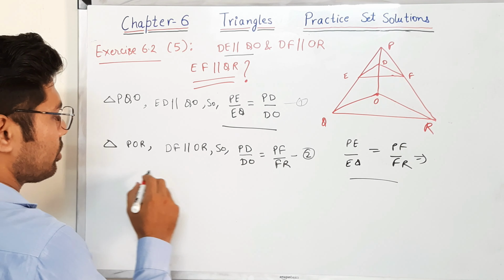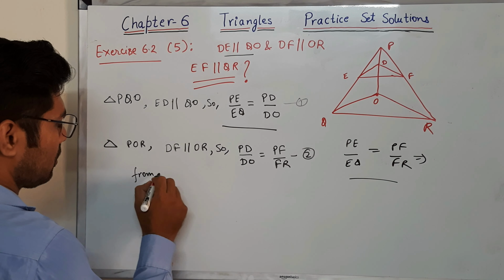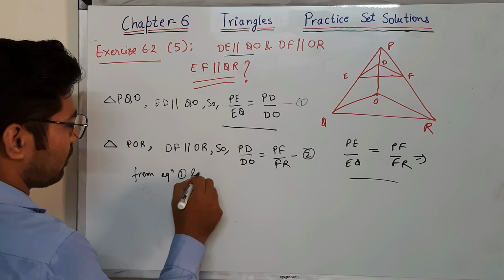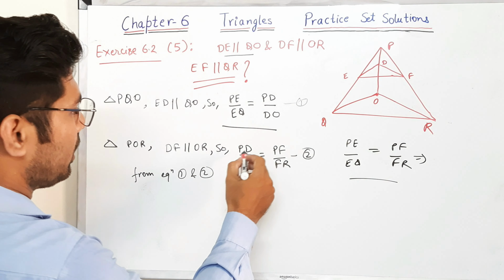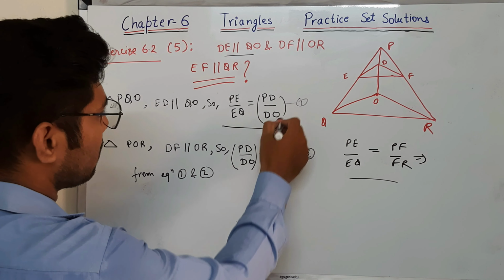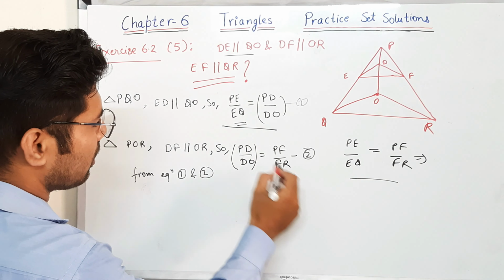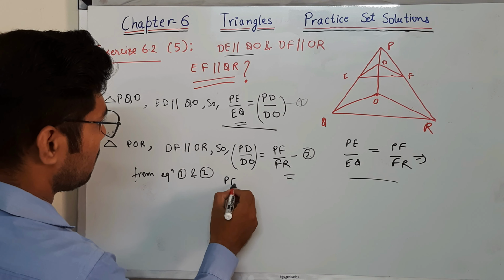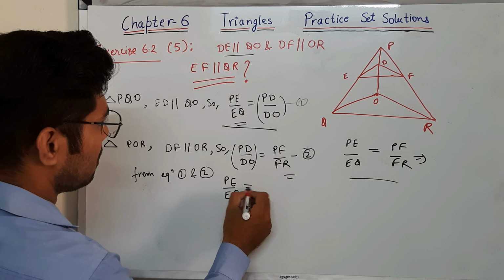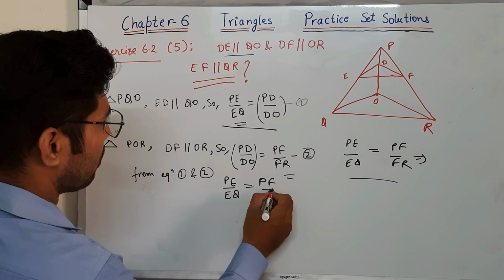Now from equation 1 and equation 2 we can see PD upon DO is equal to PE upon EQ and also to PF upon FR, so these two parts are also the same. So PE upon EQ is equal to PF upon FR.